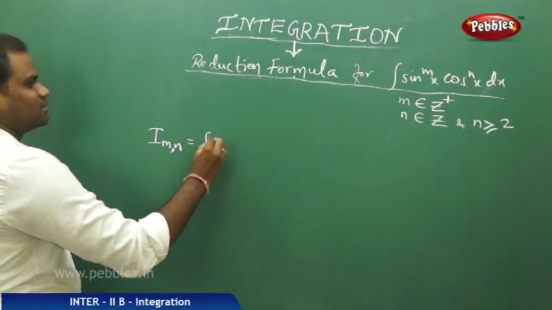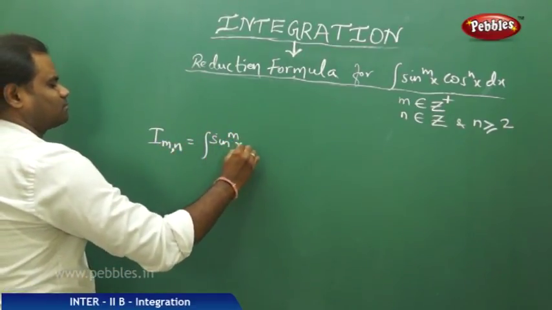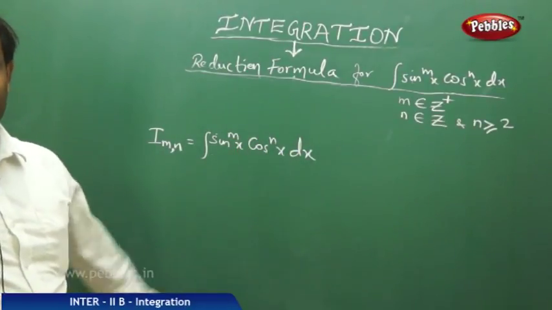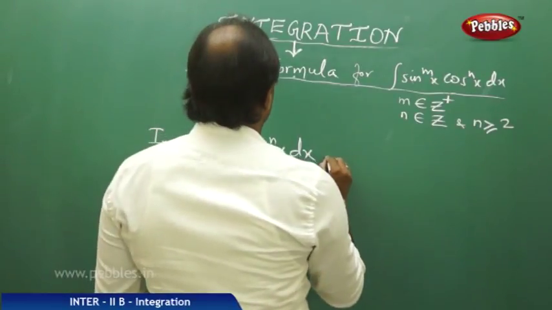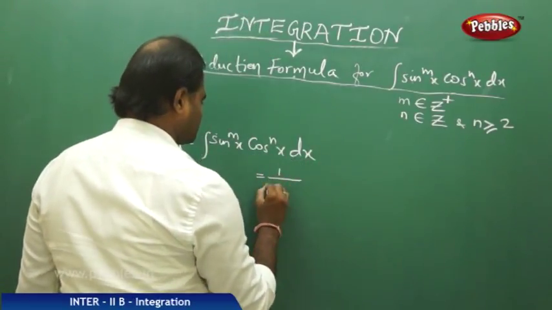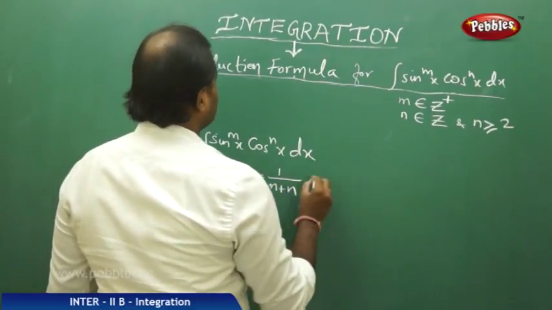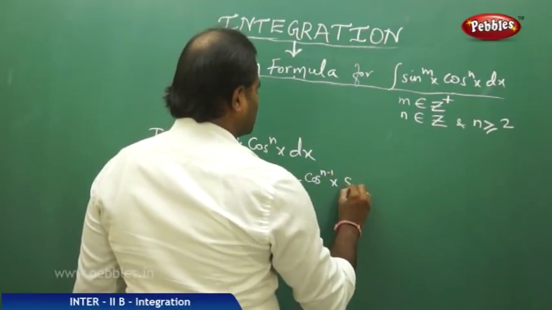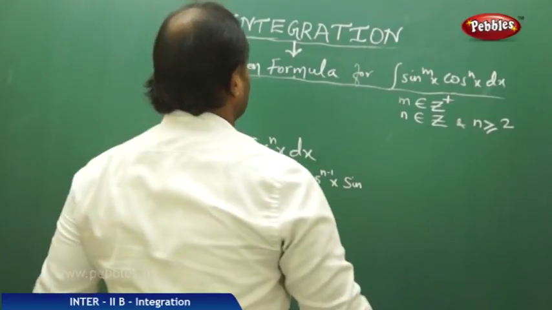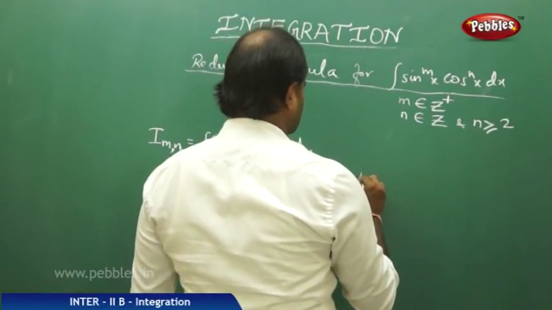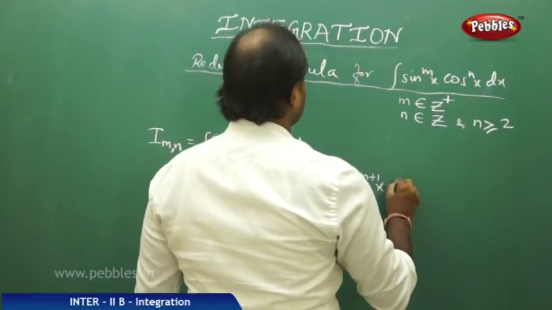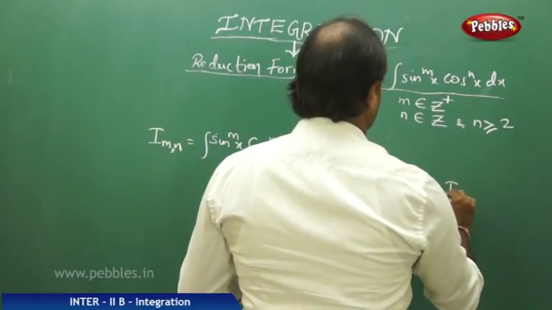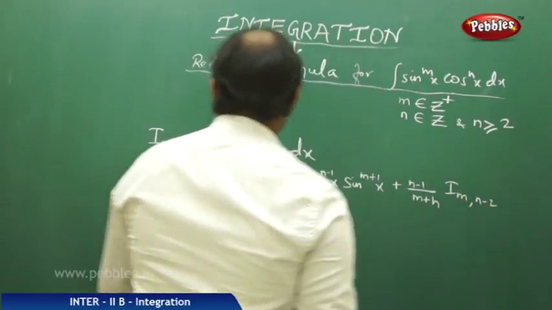Now Imn is integral sine power mx cos power nx dx, which on reduction through integration by parts leads to the answer as 1 by m plus n cos power n minus 1 x sine power m plus 1 x plus n minus 1 by m plus n Im n minus 2.